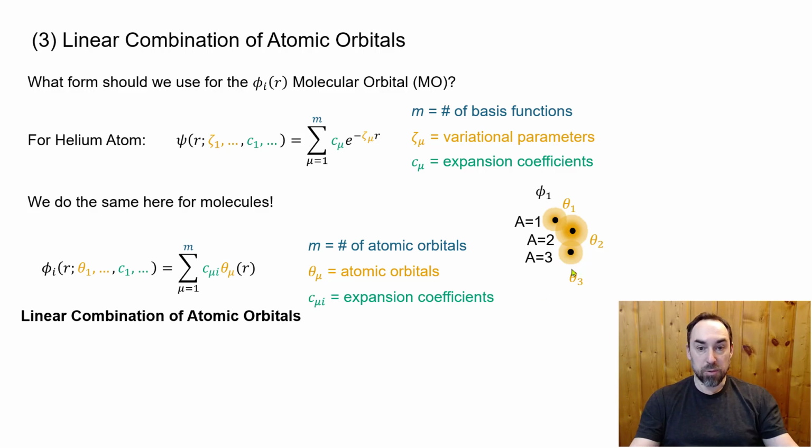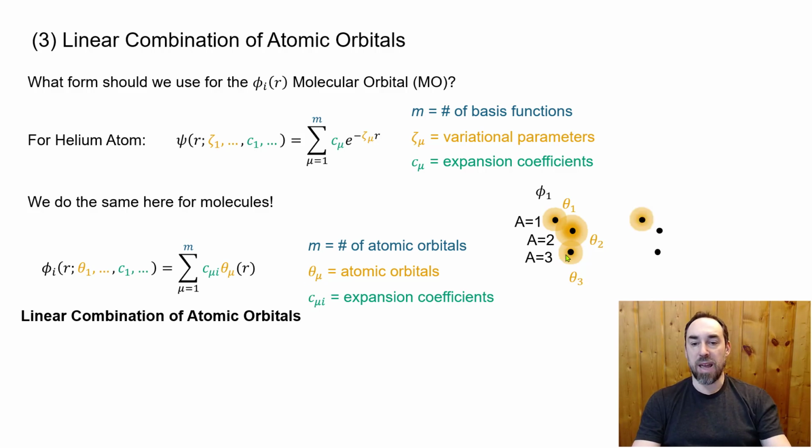And that's what we've done. We just did a linear combination of atomic orbitals, and so we formed the phi 1 molecular orbital. Let's do it again by changing these atomic orbitals that we are summing. So let's do another linear combination of atomic orbitals to form a different molecular orbital.